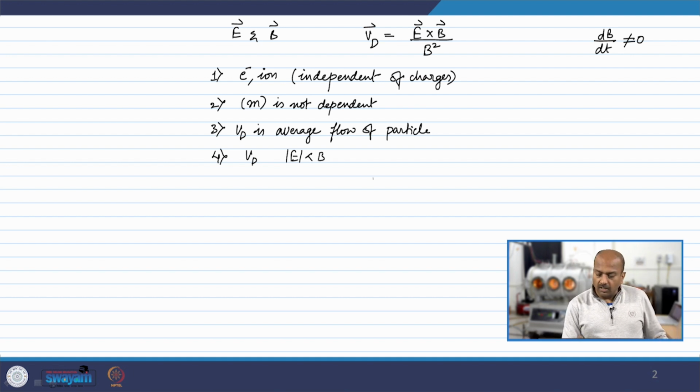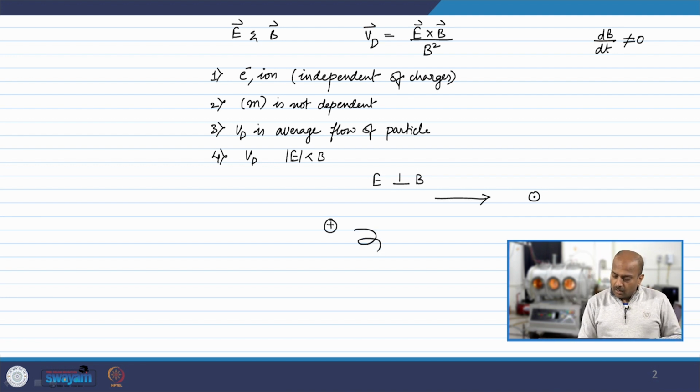Considering the electric field to be perpendicular to B, let us say the electric field is in this direction and the magnetic field is out of the page, then a positive charge will move in this way. And a negative charge will move like this.